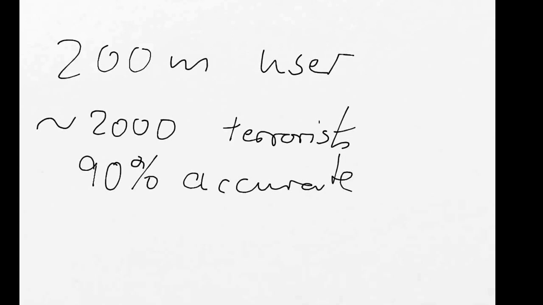If you go to the airport and somebody pulls the list out and says, according to Facebook, and they are 90% right, according to Facebook, you are a terrorist. Off to wherever they sent you.